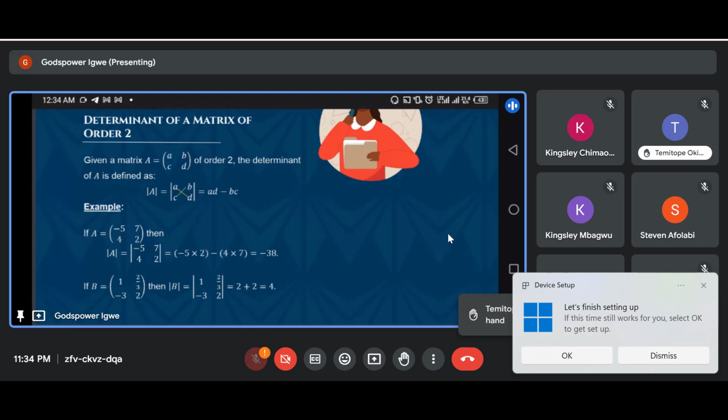To get the determinant, it's 5 multiplied by 2, that's the cross multiply, then 4 multiplied by 7. If we do that, it's going to give us minus 38. So minus 38 becomes the determinant of that expression.